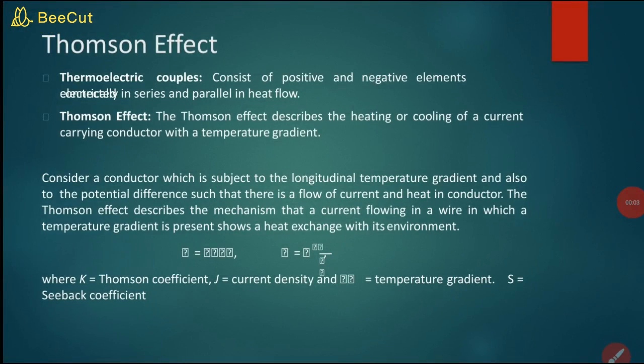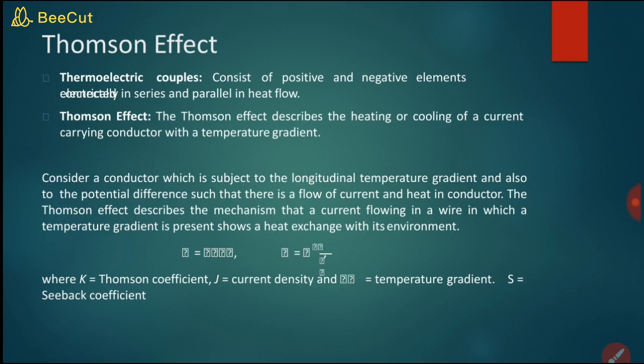so the Thomson effect, what we have, the thermoelectric couples, consists of positive and negative elements electrically in series and parallel in heat flow. So students, Thomson effect में जैसे कि describe करेगा the heating or cooling of a current-carrying conductor with a temperature gradient.